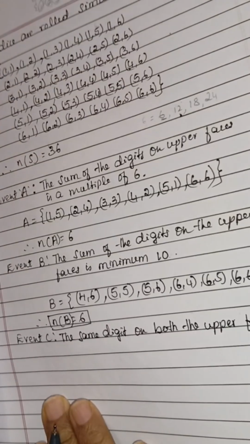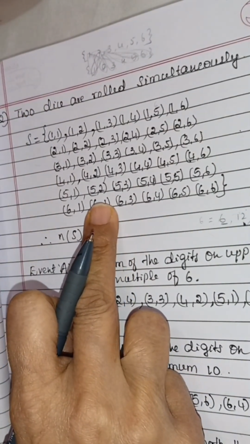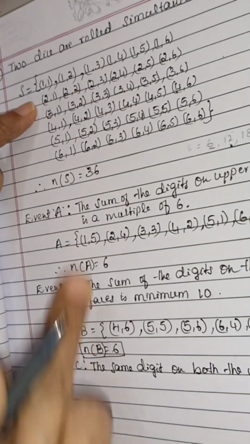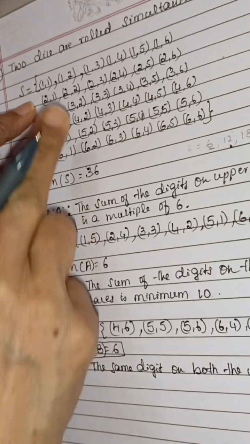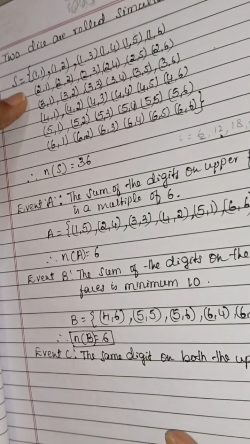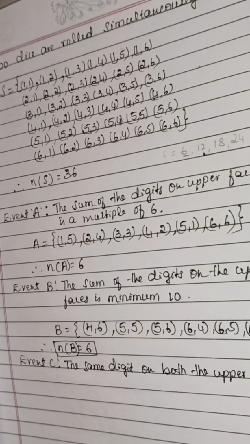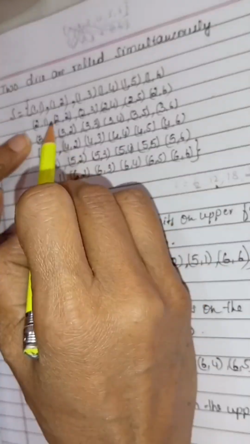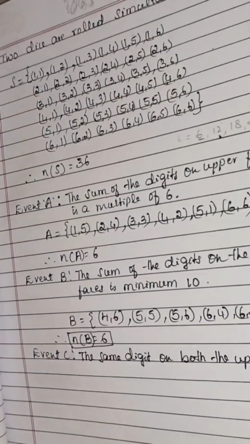We have to take these from the sample space, because all these events are subsets of this sample space. Here it is 1 1, 2 2, 3 3, 4 4, 5 5, 6 6, same digits.